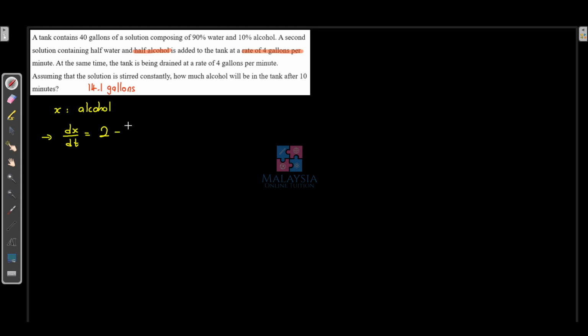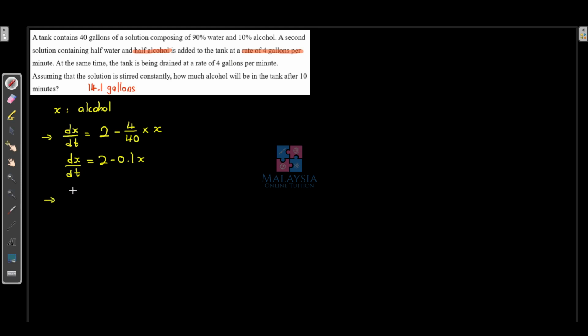So you can write minus 4 over 40 times the amount of alcohol present at any time, which is x. That means your dx over dt is going to be 2 minus 0.1x. This is how you start your working solution, by getting the correct dx over dt.